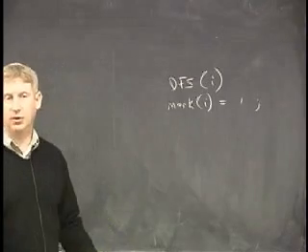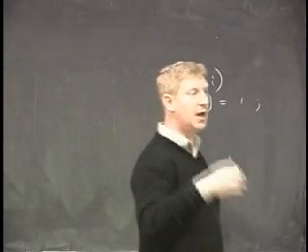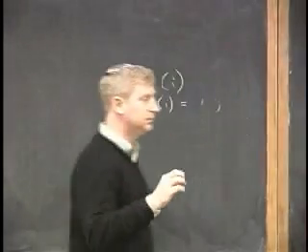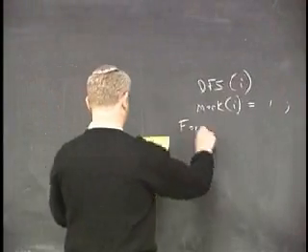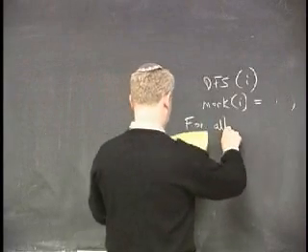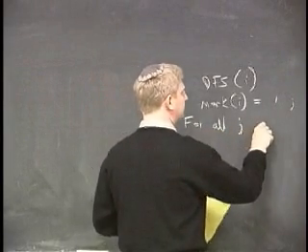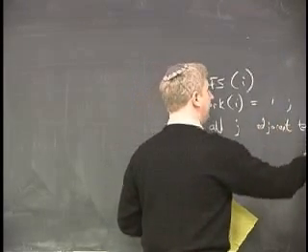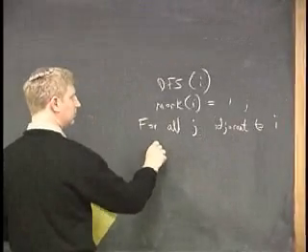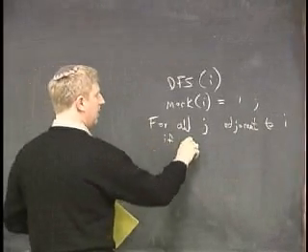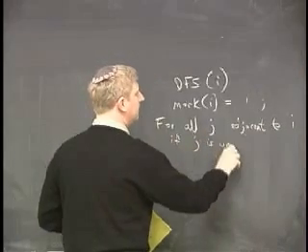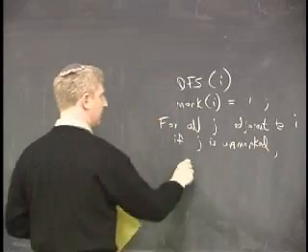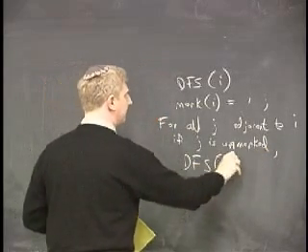All right, what's the next thing you do? It's very easy. It's 3 lines of code. We are now going to recursively call depth first search on all the children that are not yet marked. Okay? So for all j adjacent to i, if j is unmarked, that means if mark of j equals 0, if j is unmarked, do depth first search of j.